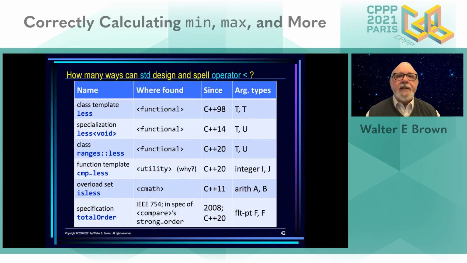Here's the list. Let me go through it with you briefly. I've mentioned the class template less, found in the functional header. It's been there since C++98. And notice its argument types are homogeneous. It takes 2 values of the same type, T, whatever T happens to be.